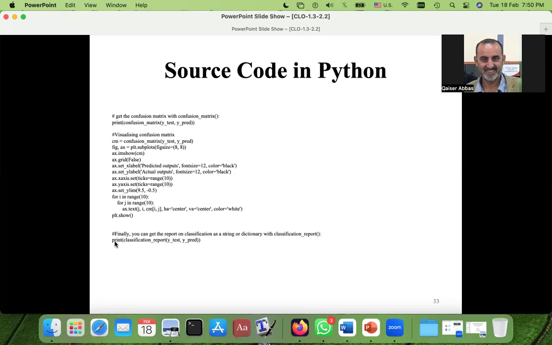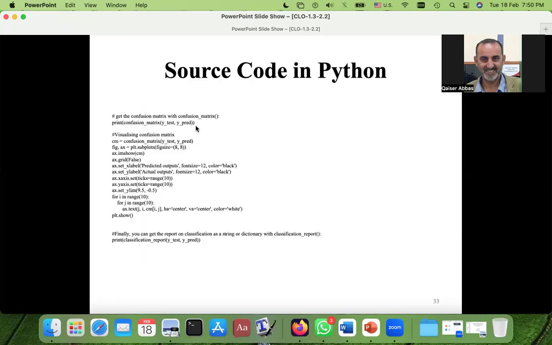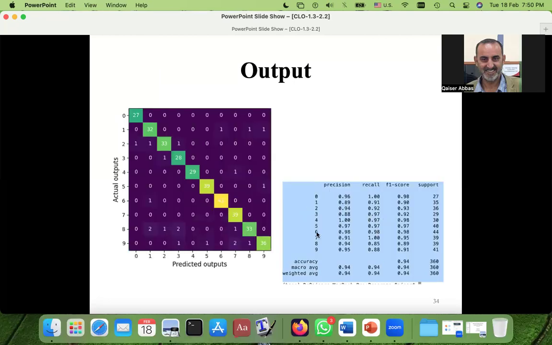And finally, here print, no comment here, print classification report. This is the module I am going to use. This module I called here classification report. So classification report, and we are passing y test and the prediction result into it, and it will give us the complete report which you are seeing here.